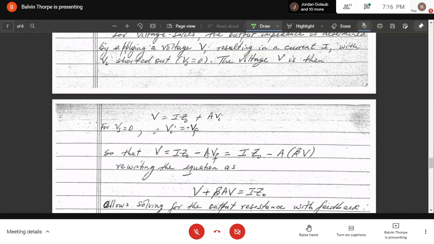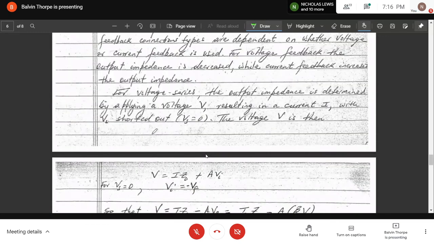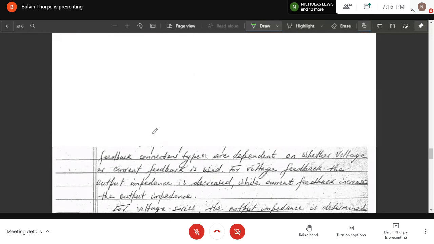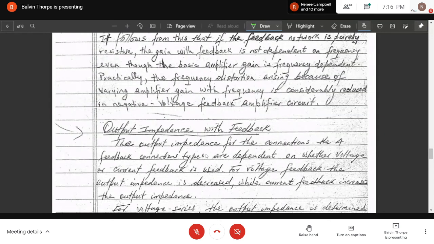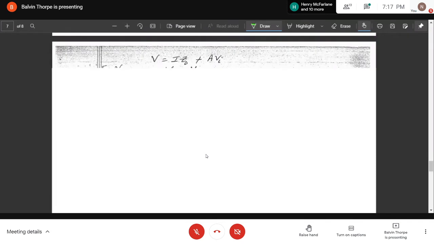So what is done in this portion with output feedback, which I want you guys to go over on your own, because I've gone through the other already. All you have to do is look at the output. We assumed as one of the stuff that the output impedance is going to reduce with negative feedback circuits. That's an assumption, but here's the proof, and I've done the proof for you.